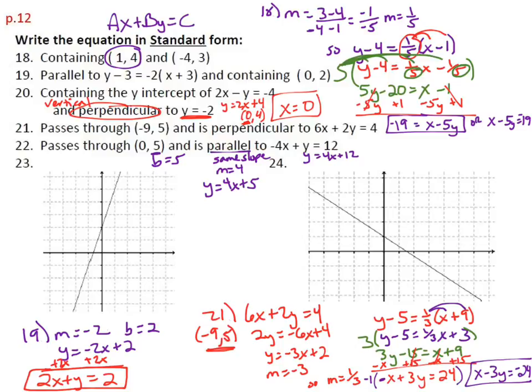We're just going to move our x over with the y, and that'll give us -4x + y is equal to 5. But again, we don't want that negative out front, so we're going to multiply everything by -1. So our a value is now a positive: 4x - y = -5. And there is our final answer for number 22.